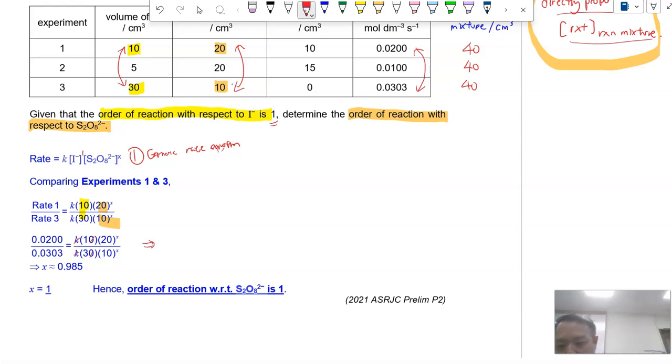So from here, you end up with 0.0200 over 0.0303 equals 1/3 times 2 to the power of x. So if you work out the math, you have 2 to the power of x equals 0.6600 over 1/3.